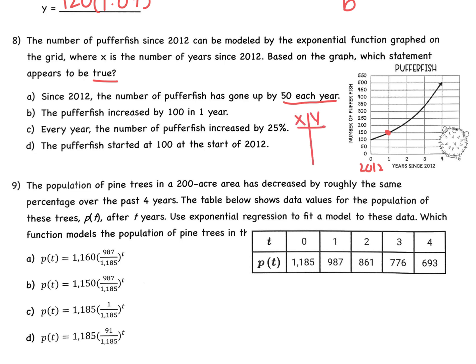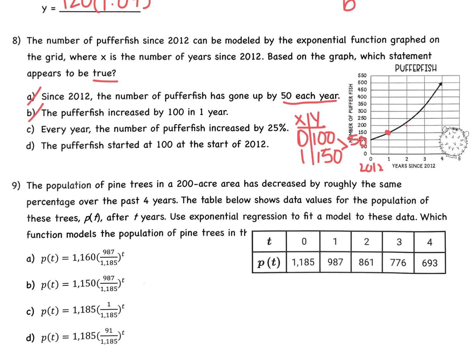If I made a little table of 0 and 100 and 1 and 150, but then I can see it too, it is above 200, so that is not true. The pufferfish increased by 100 in 1 year. No, this is only going up by 50 in 1 year.